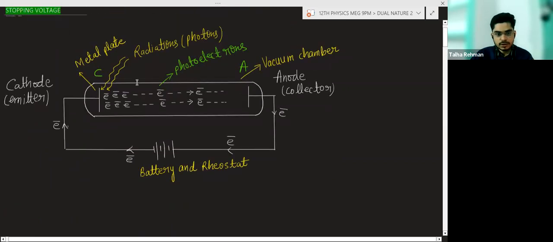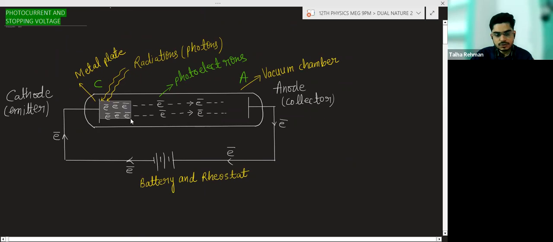Now here there is a large number of electrons in this small space, because electrons are emitted from this plate. So there are more electrons in less space.